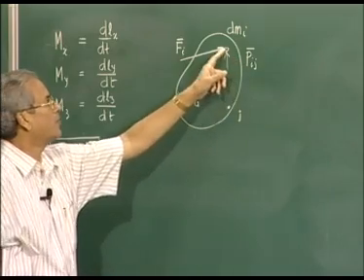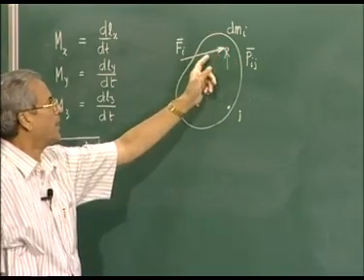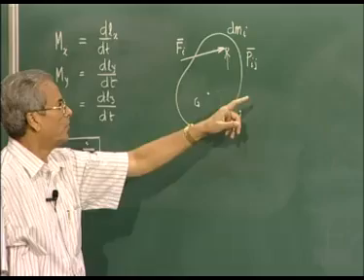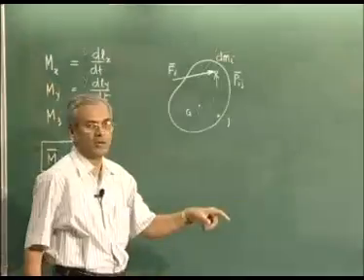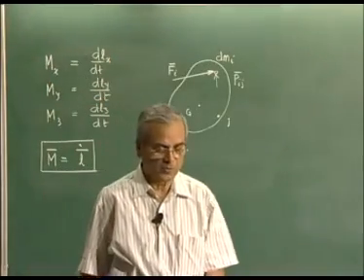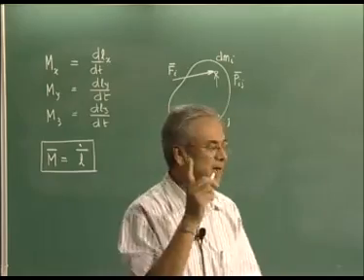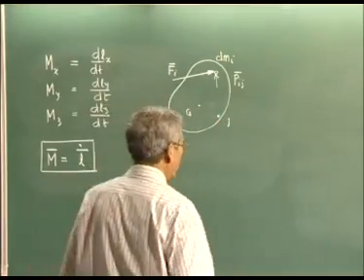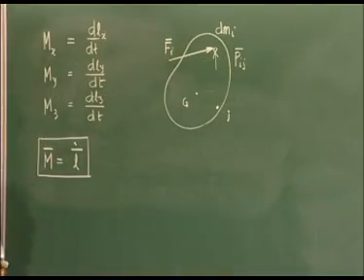So, to get the total force on this ith particle, we have to sum it up for all the other particles of the rigid body. That means j goes from 1 to all except i, because one particle cannot exert force on itself.